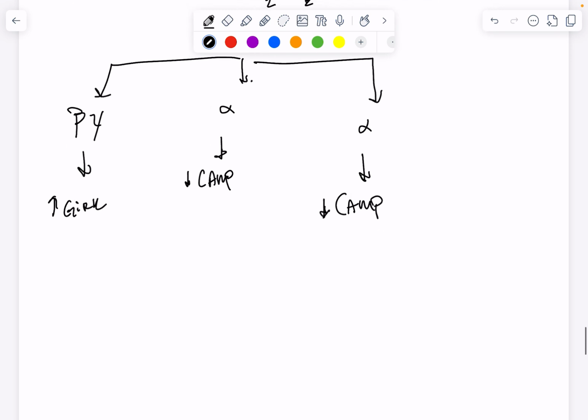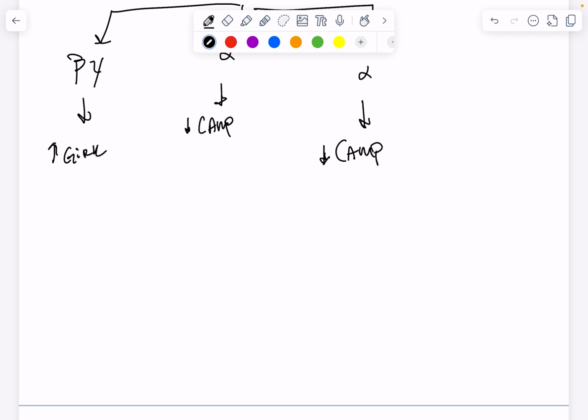Obviously that is going to decrease the heart rate. So these are all going to decrease the heart rate.